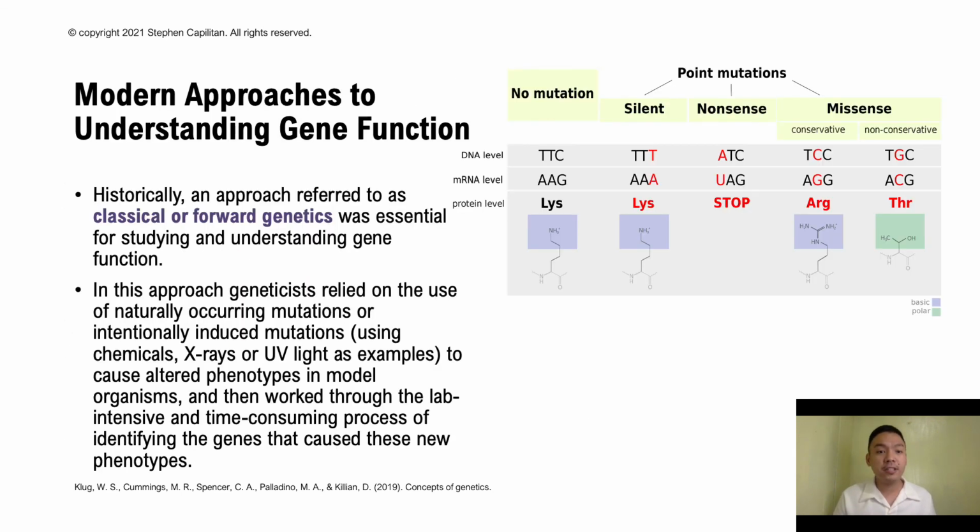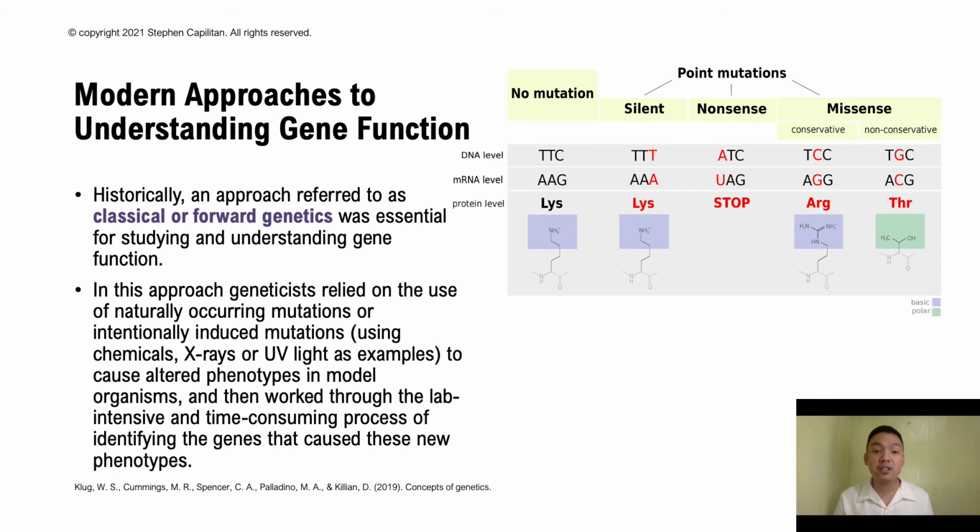There are some modern approaches on how we understand gene function. Historically, an approach referred to as classical or forward genetics was very important for studying and understanding gene function. The forward genetic approach determines the genetic basis responsible for a phenotype.